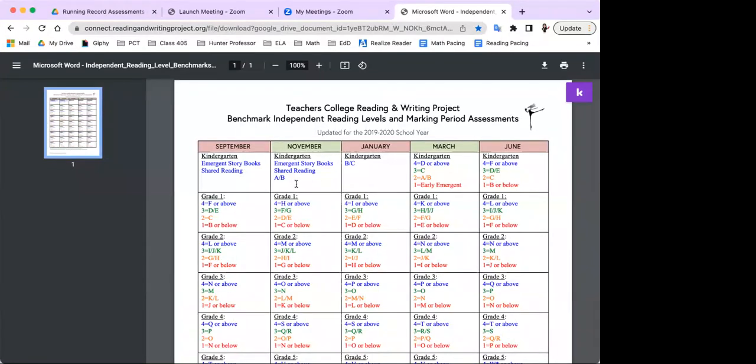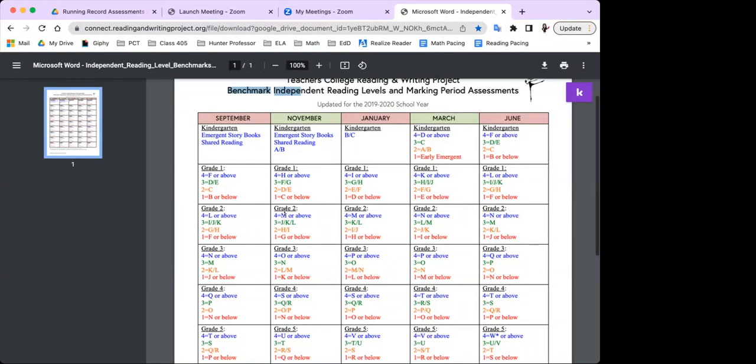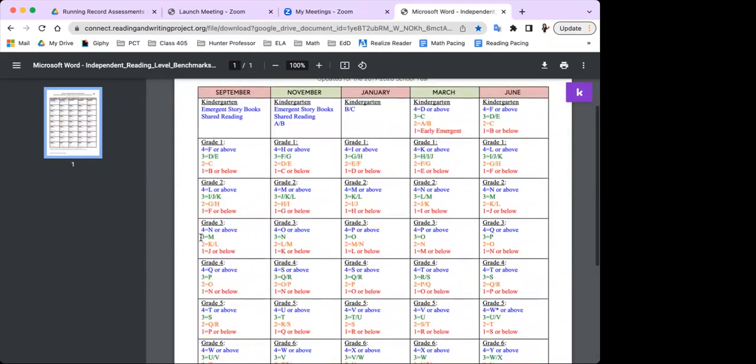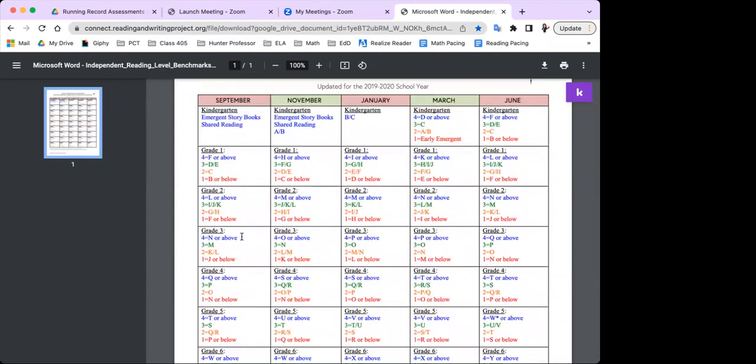For example, in third grade, in September, kids reading at an N or above are considered above grade level, or level 4. Kids reading at an M would be on grade level. K to L would be below grade level, and J or below would be really below grade level.